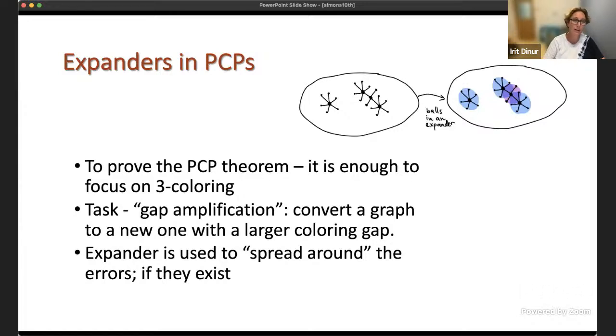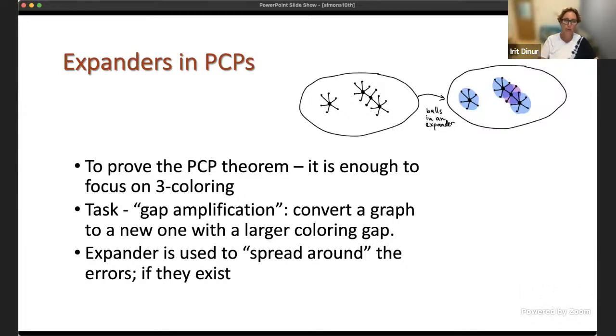The way we do it in this proof is by slow steps of gap amplification. Every time we take the graph that we have, push the colors through an expander, and create a new vertex for every little ball in the old graph. We use the expansion of this graph to argue that the colorability of the new graph became worse than it was before if it was not colorable.